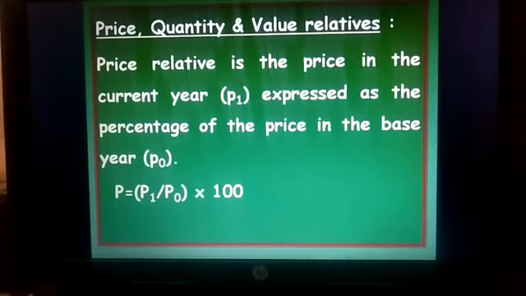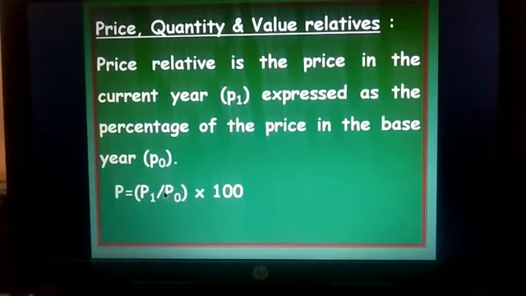The same has been given here as the definition. Price relative is the price in the current year, P1, expressed as the percentage of the price in the base year, which is P0. That is what I told you. This P1 is expressed in terms of percentage of this P0.